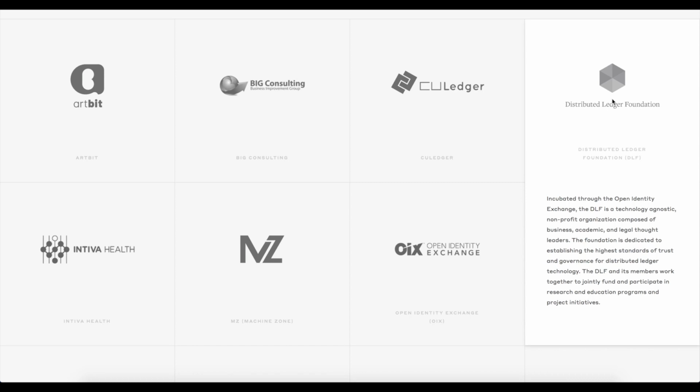And in the future they will also be having meetings with different foundations such as the Ethereum Foundation, Cardano Foundation, and different cryptocurrencies in general, so that everybody knows about the Distributed Ledger Foundation. And if consensus is made between different foundations, then in the future we may see the Distributed Ledger Foundation as the only organization which will be controlling the regulatory part of cryptocurrency.